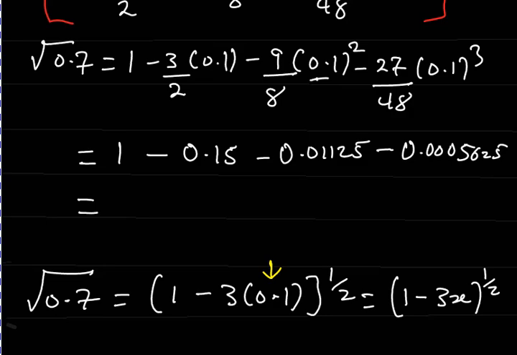So at the end of the day, this is going to be 1 minus 0.15 minus 0.01125, then minus 0.0005625.